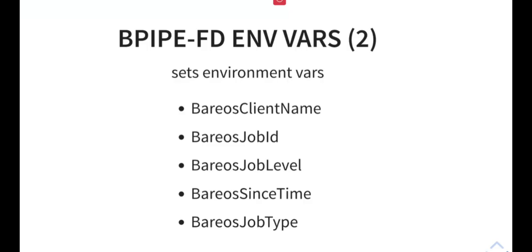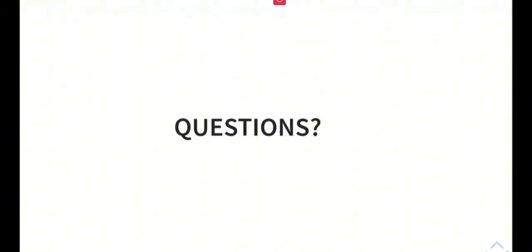So it's the client name, the job ID. What is very interesting, I think most, is the job level, so that you know it's an incremental, differential, or full, and also the since time, so that whatever your script does, you can find out yourself what has changed since that timestamp, for example, and what you want to back up additionally or not. So it's quite handy to at least quickly prototype things, and that's also now available in the bpipe plugin.